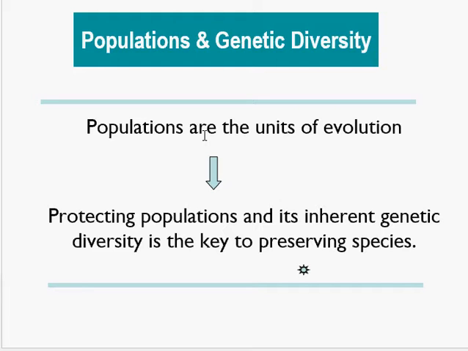So a population is really what you need to save if you are going to try and conserve a particular species. Protecting populations and their inherent genetic diversity is the key to preserving species. If you don't protect the populations, then you're not going to save that species.